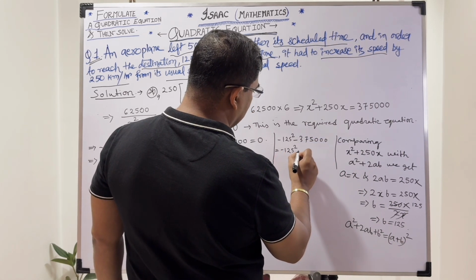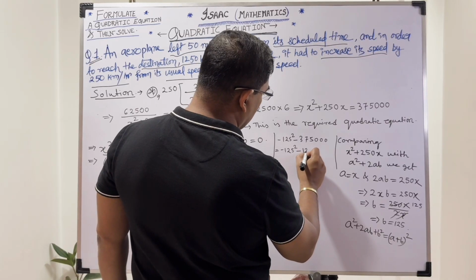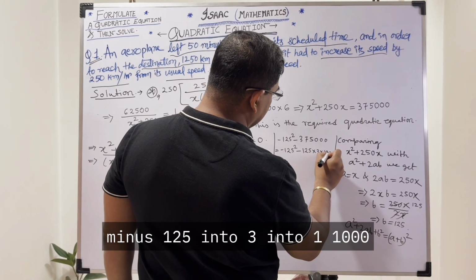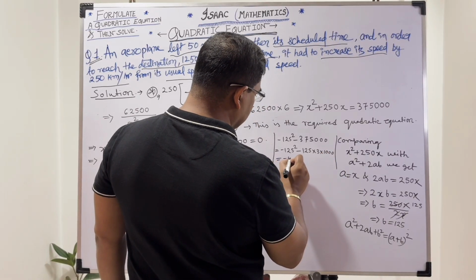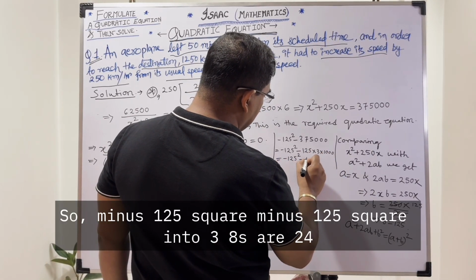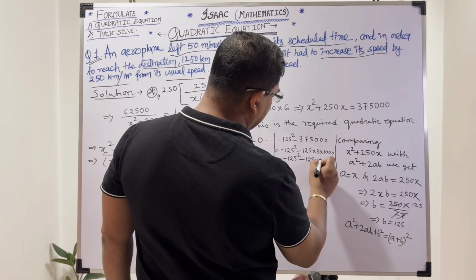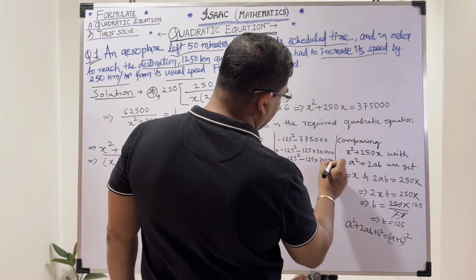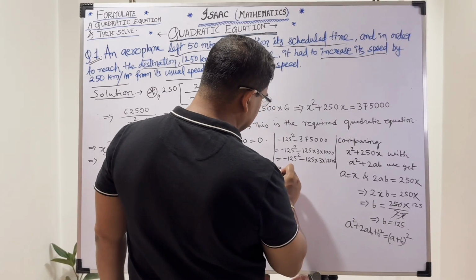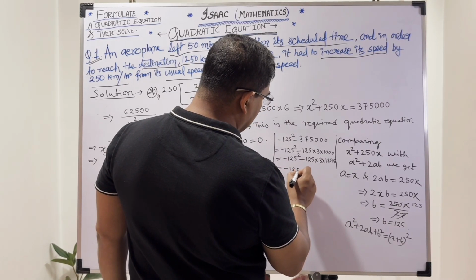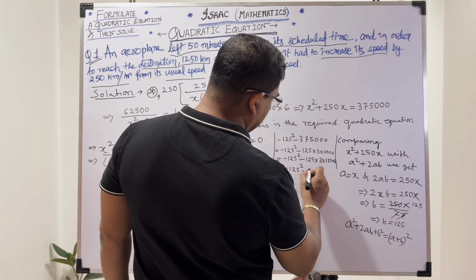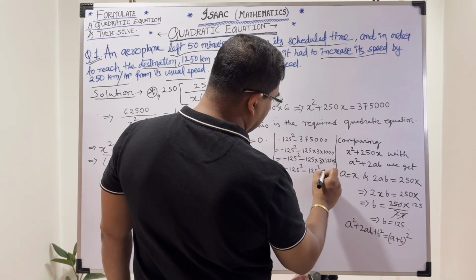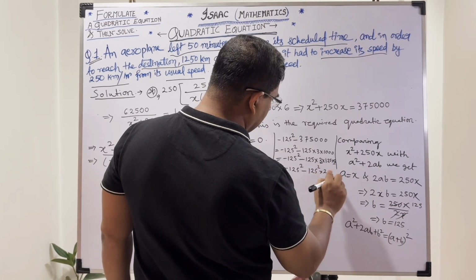This is minus 125 square minus 125 into 3 into 1000. 3 into 1000 means 125 into 8. So minus 125 square minus 125 square into 3 8s are 24.